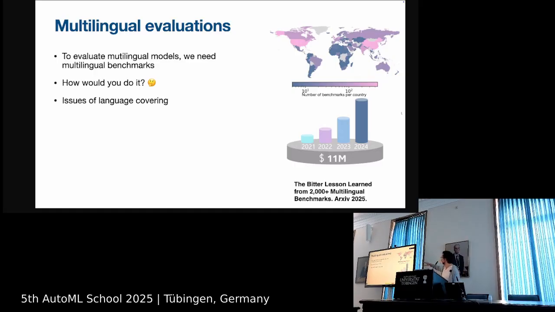Here in the plots on top, you see the number of benchmarks per country, and it is as you would expect. The US and China have many hundreds of benchmarks, but in a lot of countries in Africa, you will have maybe one, maybe zero.